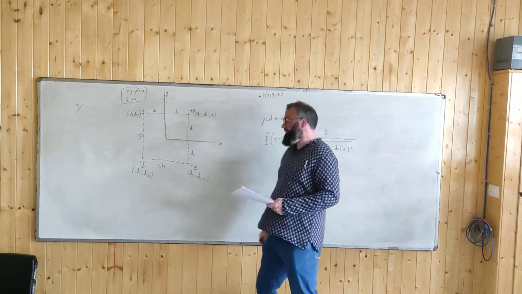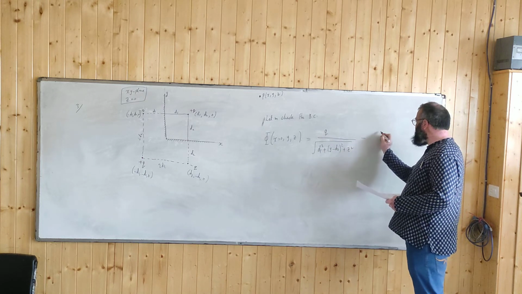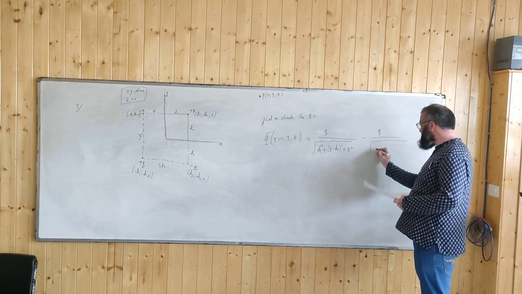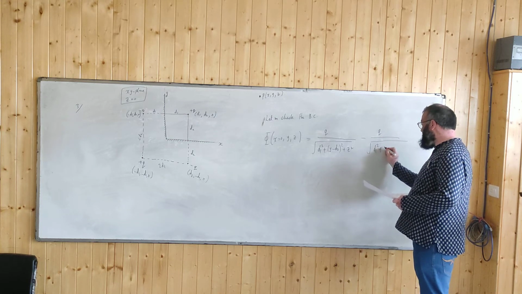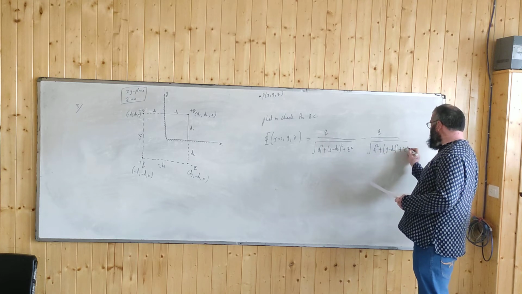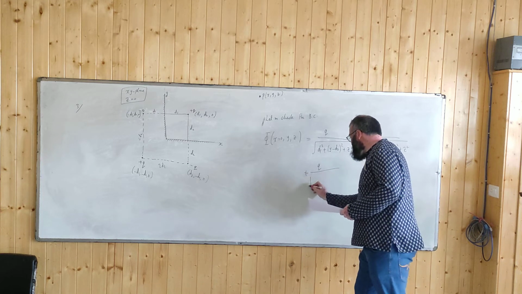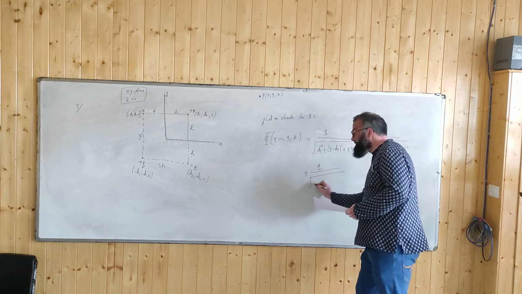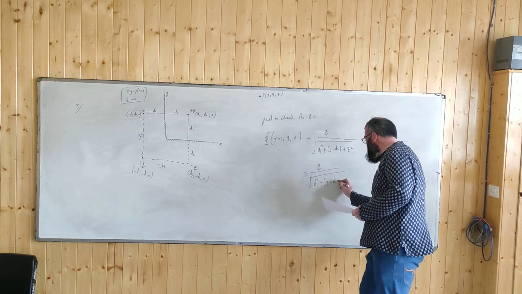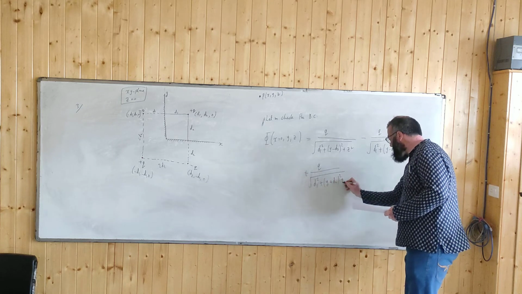Then take another charge, minus q divided by root of, since x equal to 0, simply d1 square plus y minus d2 square plus z square. Then you have another charge plus q divided by root of d1 square plus y plus d2 square plus z square.